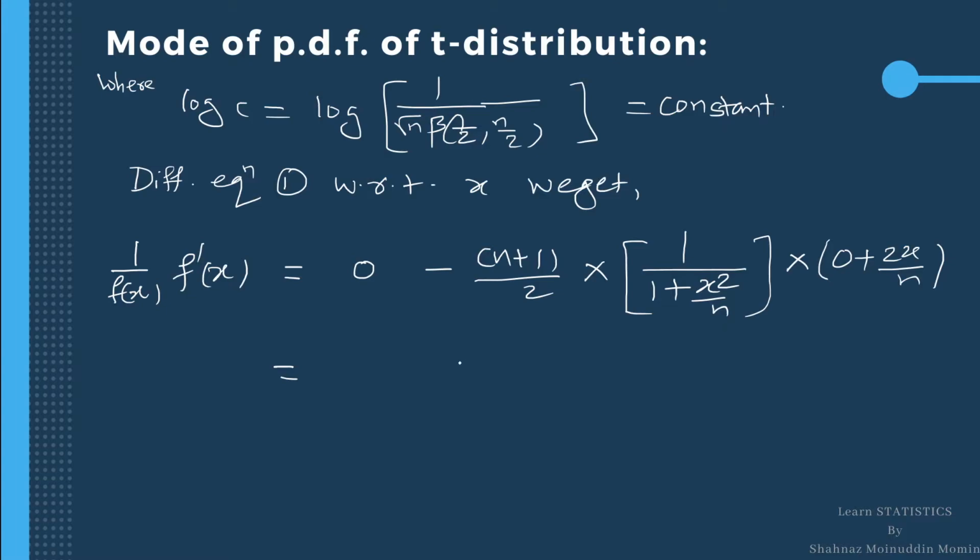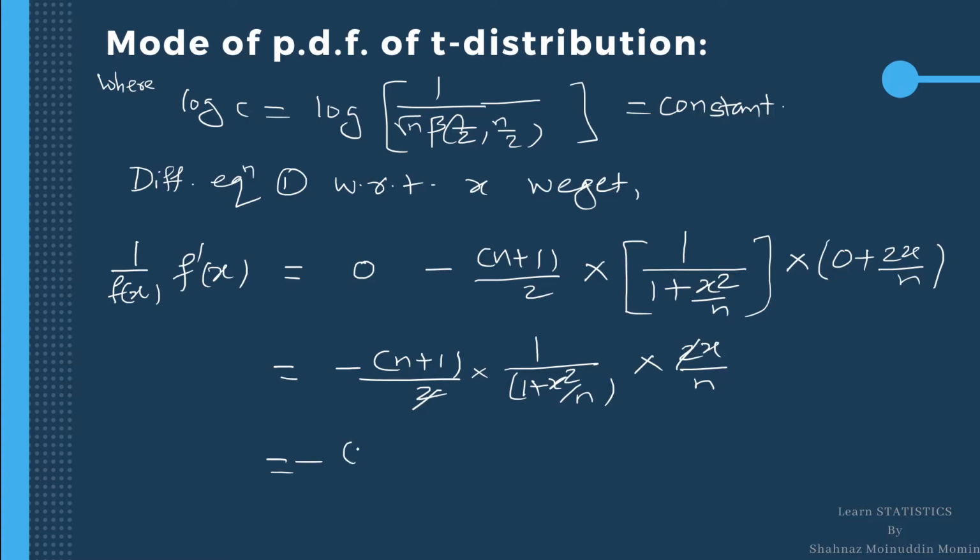which is equal to minus n plus 1 upon 2 into 1 upon 1 plus x square by n into 2x by n. This 2 gets cancelled, and it is equal to minus n plus 1 by n into x divided by 1 plus x square by n.